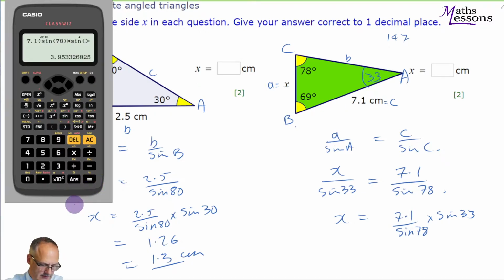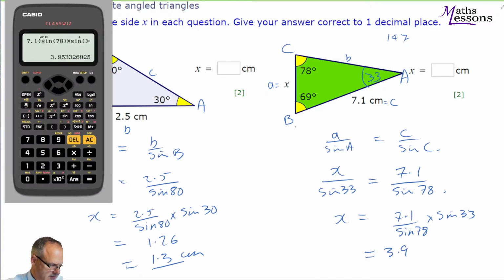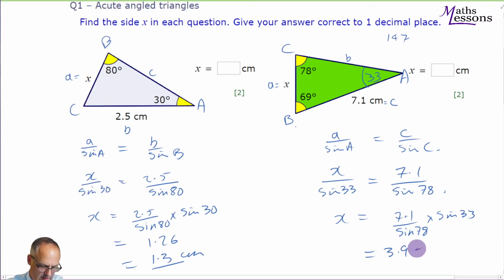Equals. And we get 3.953. So we're going to round this up because the second decimal place is a 5, and that's going to give me a 9 added on 1, so we're going to get 4.0 centimeters to 1 dp.